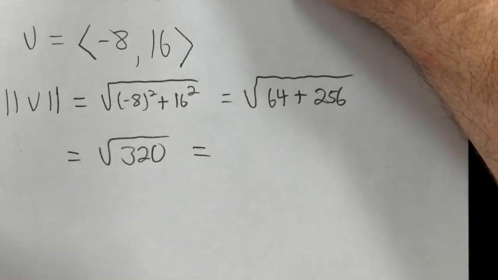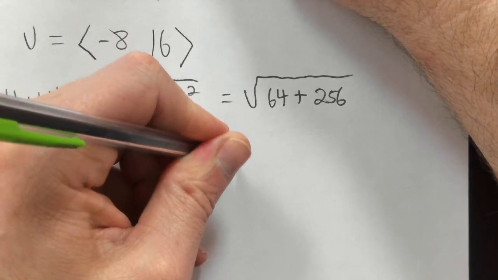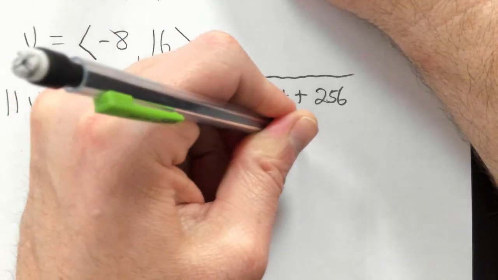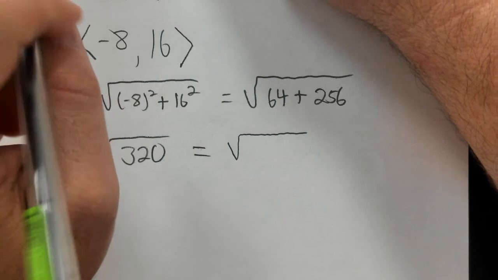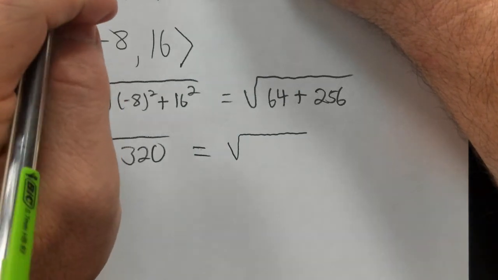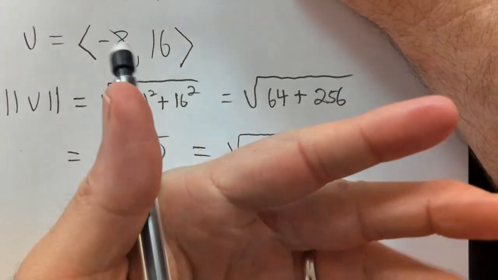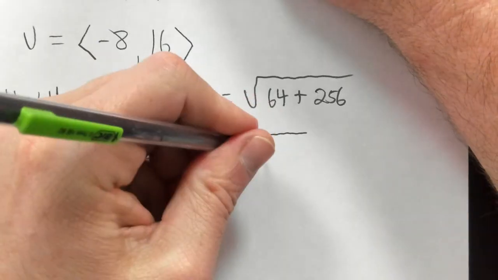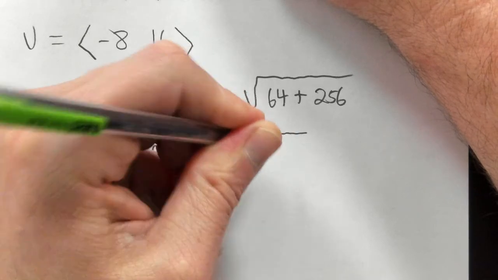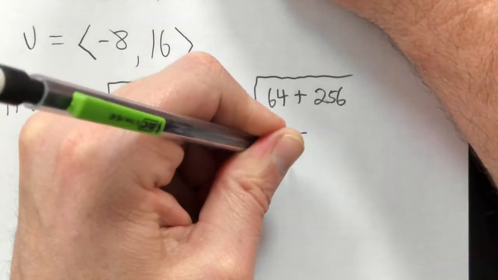So what I'm going to have to do is break this down into its prime components. And it turns out that this breaks down to 2 times 2 times 2 times 2 times 2 times 2 times 5. So that would be 2 to the 6th power times 5.